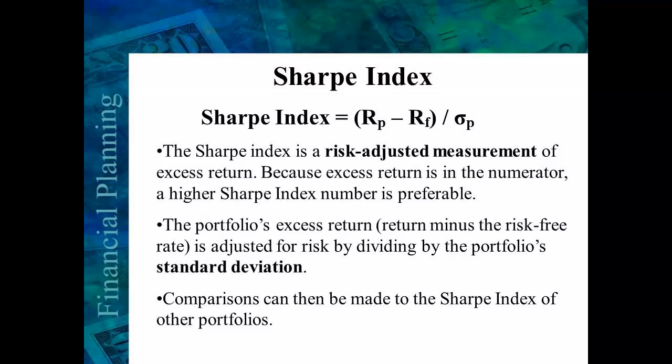The portfolio's excess return, the return minus the risk-free rate, is adjusted for risk by dividing by the portfolio's standard deviation. Because excess return is in the numerator, a higher Sharpe index is preferable. Do you see how comparisons can then be made to the Sharpe index of other portfolios? While two portfolios may offer identical excess returns, they may have very different risk-adjusted returns.